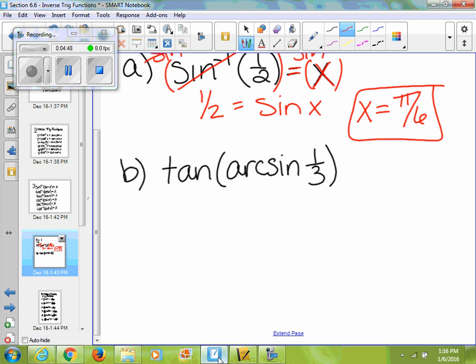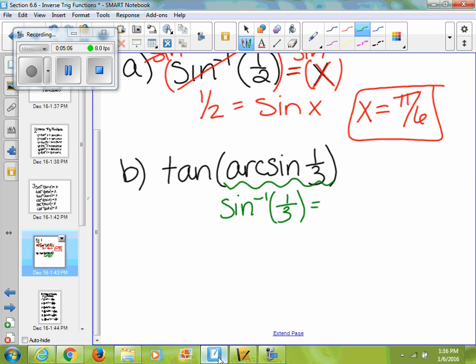Okay, so let's look then at part B, tangent of the arc sine of 1/3. First thing I'm going to figure out is the inside, the arc sine of 1/3. And the arc sine of 1/3 can be rewritten as the inverse sine of 1/3.